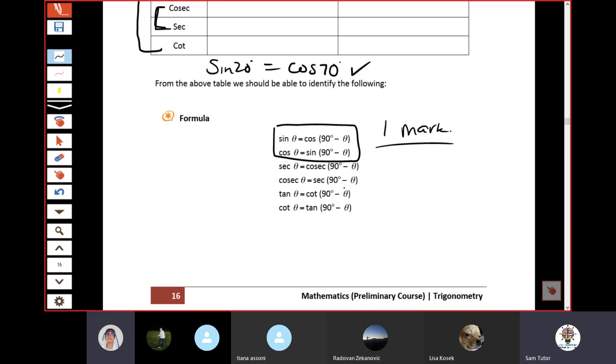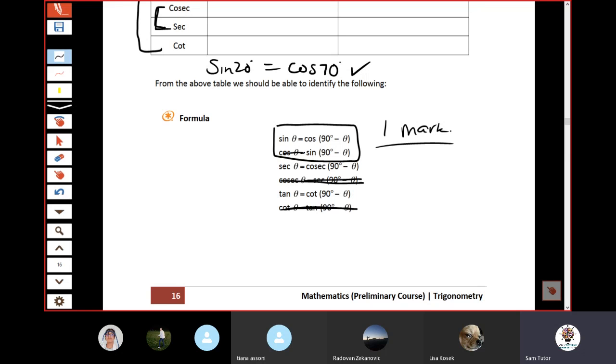I mean, of course, you're going to know it, but it's not anything that's too important for most of our trig questions. So tan theta, cot 90 minus theta, cot theta, tan 90 minus theta. But pretty much sec and cosec are complementary of each other, and tan and cotan are complementary of each other.